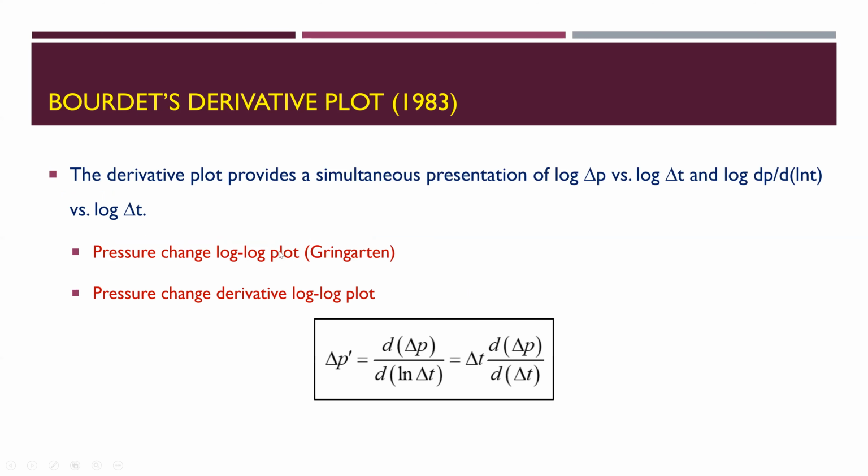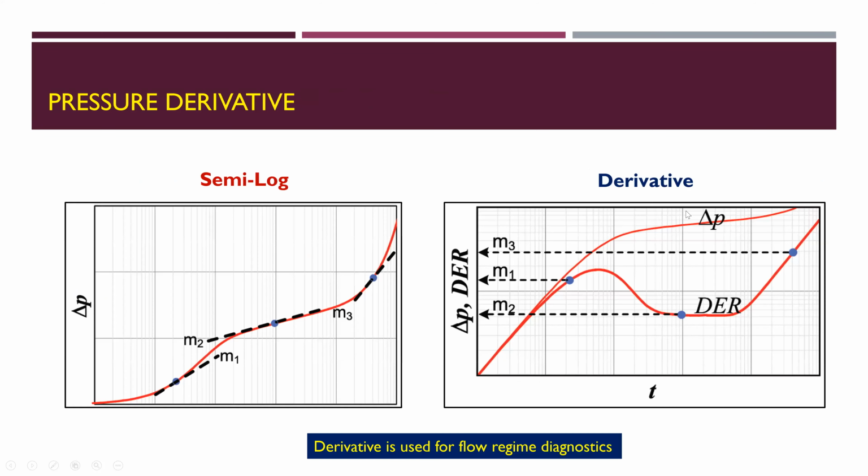Gringarten already provided a log-log plot, but only for the pressure change. What Bourdet added is the derivative on the same plot. So instead of having just delta P, represented in the past by Gringarten, this pressure derivative has been added by Bourdet.